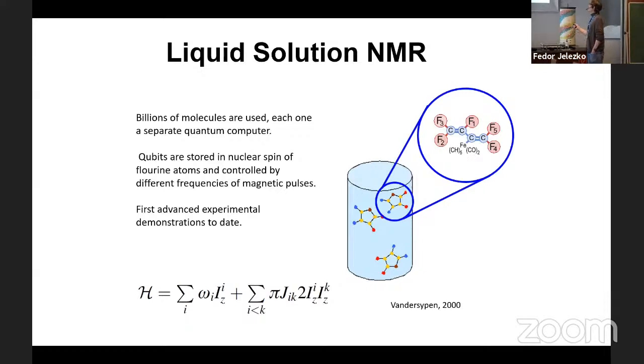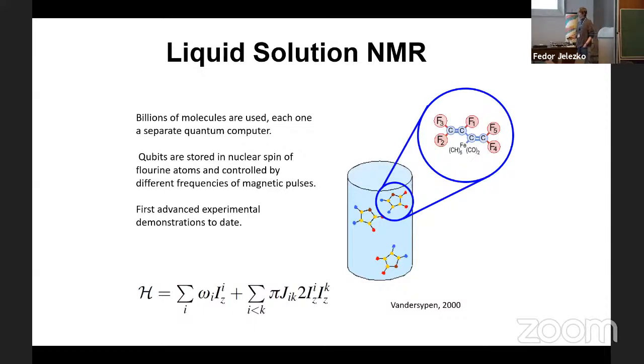And the dipole-dipole coupling between these spins needs to be averaged, and this happens when molecules rotate very quickly. Then you end up with a very simple Hamiltonian, allowing you to realize coupling between spins, allowing you to control individual spins in the frequency domain.